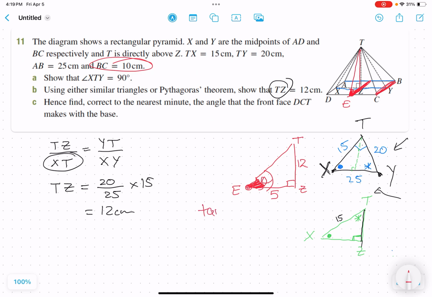We've got two sides, so tan theta equals 12 on 5, and we can inverse tan that. Correct to the nearest minute, it should be 67 degrees, 23 minutes.